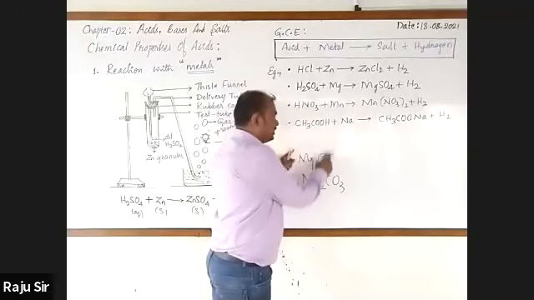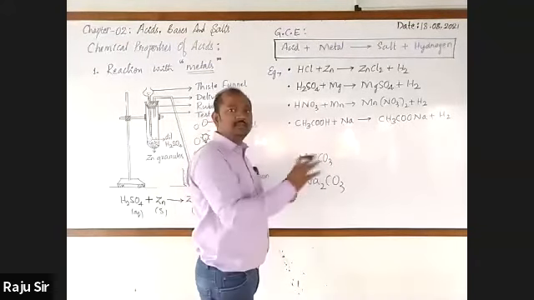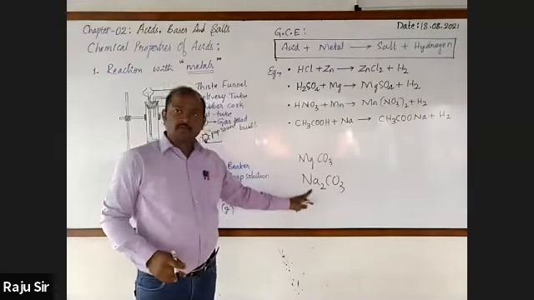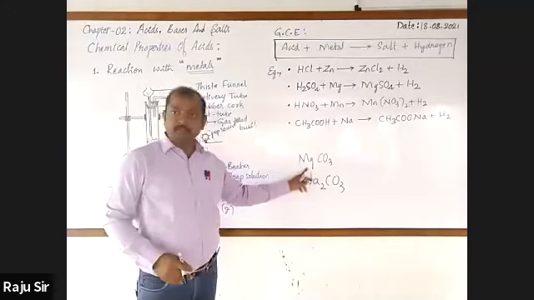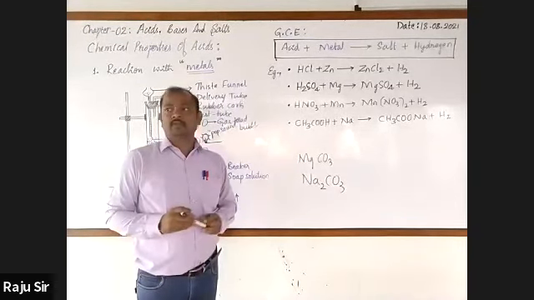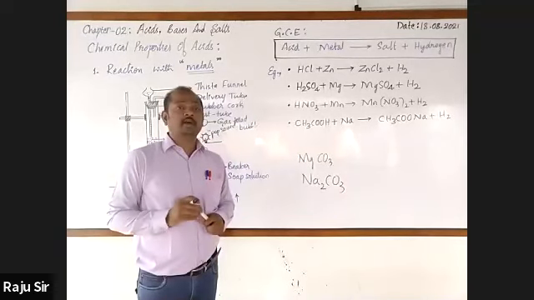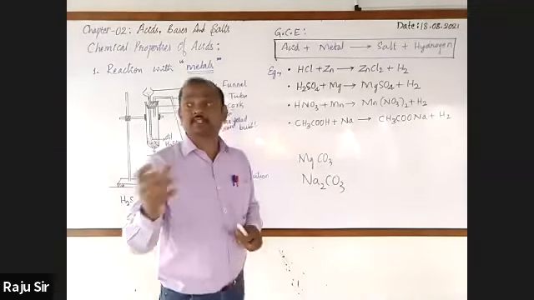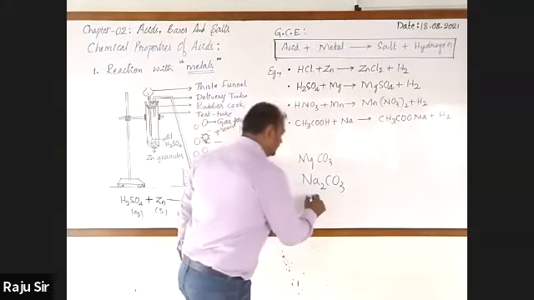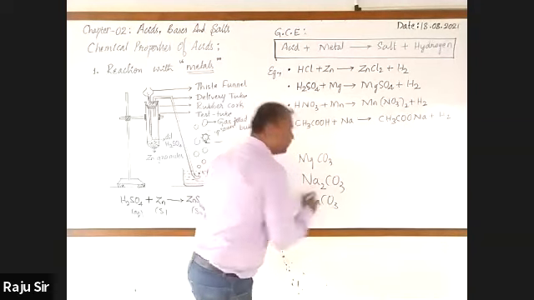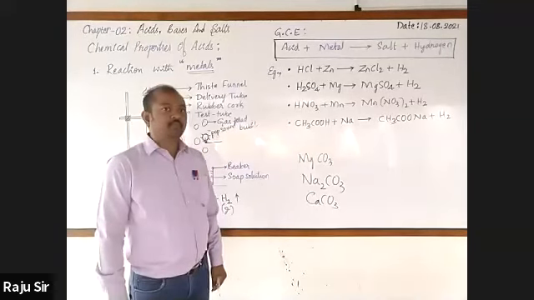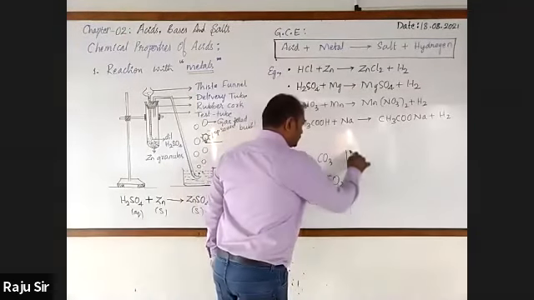Mg 2 plus and CO3 2 minus, the 2s get cancelled, so MgCO3. Sodium carbonate: Na 1 plus, CO3 2 minus, so it is Na2CO3. Then one of the metal carbonates present in the eggshell is calcium carbonate, CaCO3.